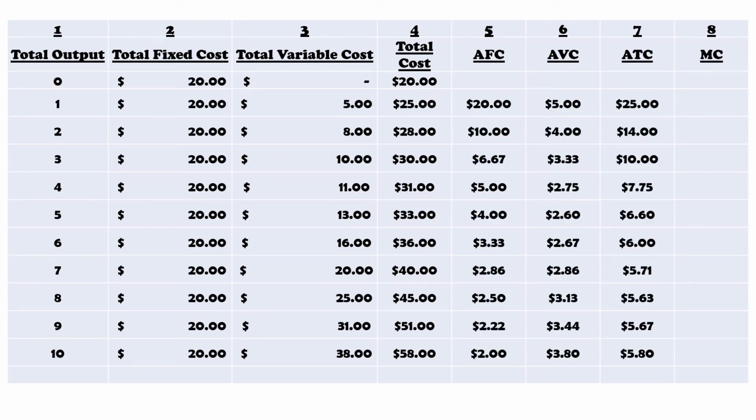Now calculating the averages for column 6 and column 7, average variable cost is just the total variable cost divided by the output, and the average total cost will be the total cost divided by output. For example, at 2 units of output, we see that the average total cost will be 14, because the total cost is $28 divided by the output, which is 2. 28 divided by 2 is 14.